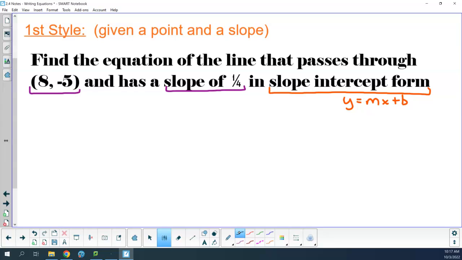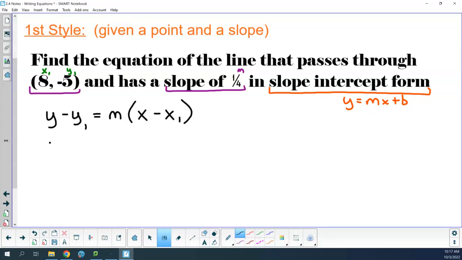The point slope form once again was y minus y sub 1 equals m times the quantity x minus x sub 1. So 8 is going to be my x sub 1, negative 5 is going to be my y sub 1, and 1/4 is going to be my m.